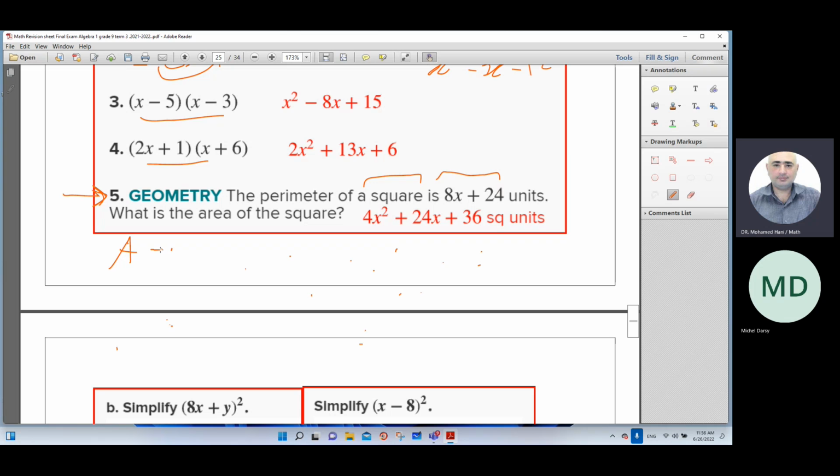So the area will be the side times the side. And the perimeter of the square will be 4 times the side. So the perimeter here will be 8x plus 24 equal 4s.